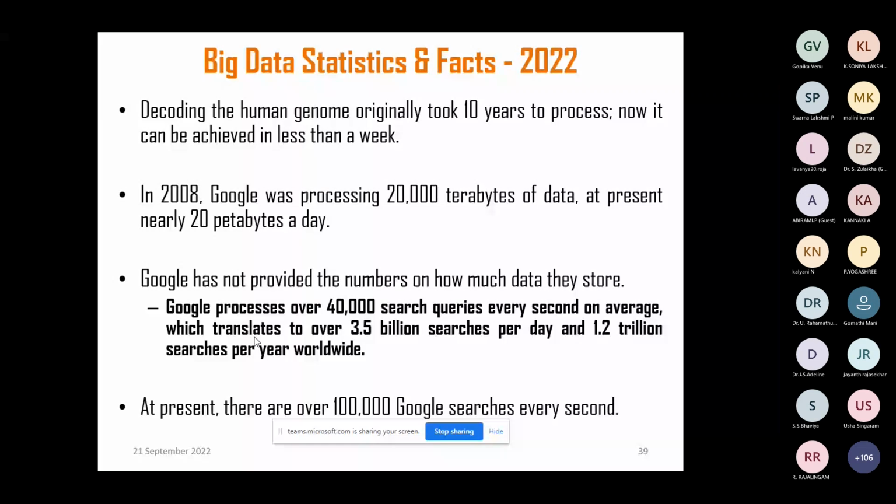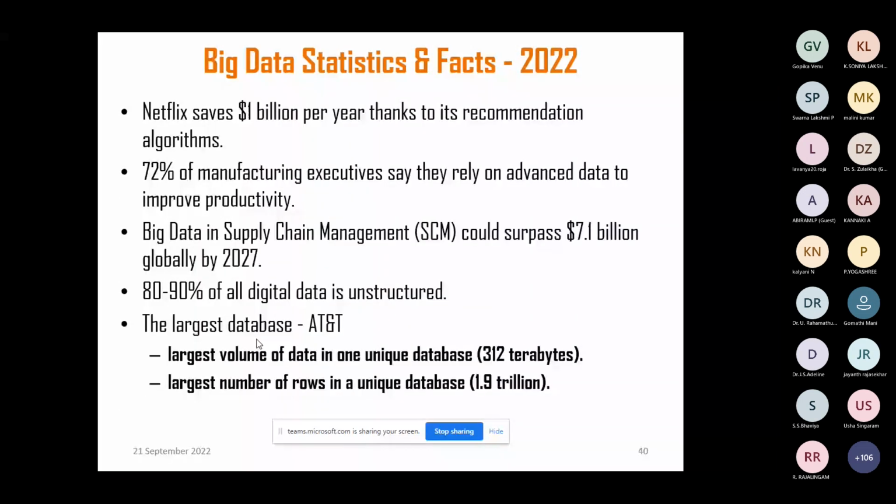And Netflix, if you see, says nearly 1 billion per year. Of course, the recommendation algorithms developed with big data technology are saving nearly $1 billion per year.